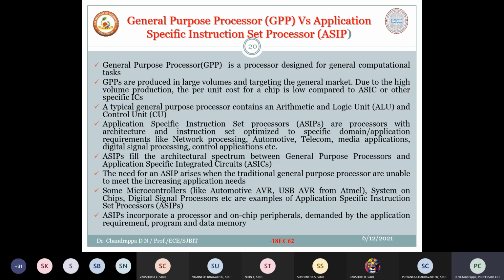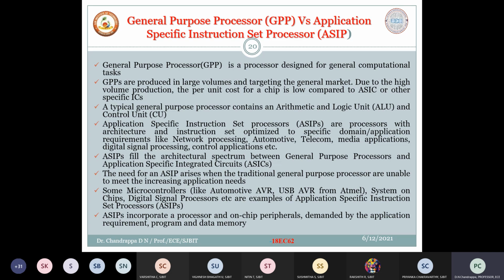We can use either an 8-bit, 16-bit, or 32-bit microcontroller. If it is 8-bit, you can go for the 8051 microcontroller. If it is 16-bit, you can go for Atmel. If it is 32-bit, you can go for ARM processor.